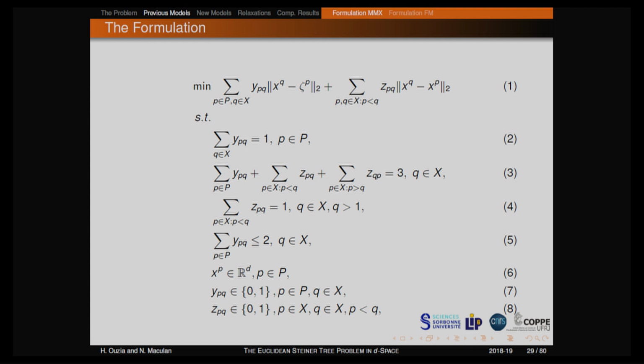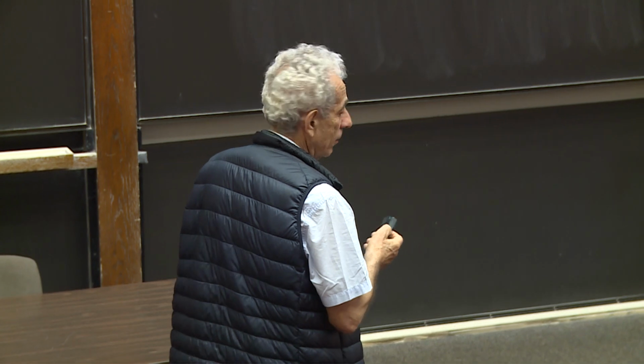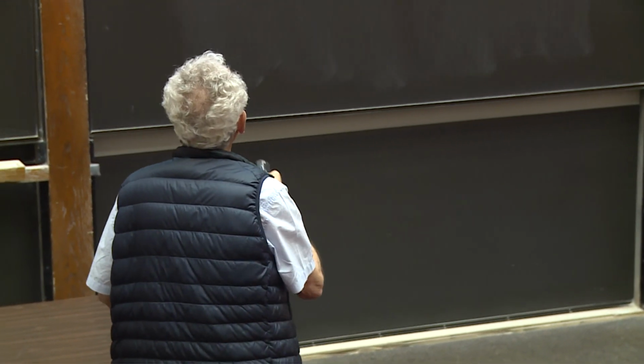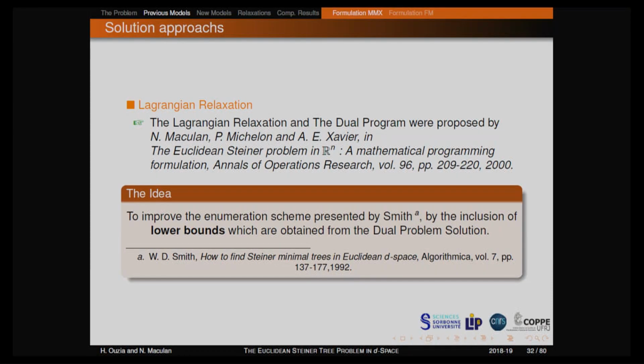Questions about this model? I think this model is a good one, in the sense that it's complete. It's all right. Then we presented this paper in 2000, Philippe, Maculan, Xavier, and myself. In 2000, but I wrote this in 94, 96, and so on. And actually, this paper is very interesting. If you want to know about the Steiner problem, it's a very nice paper.